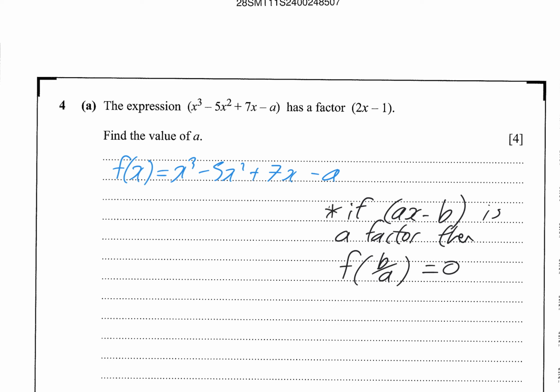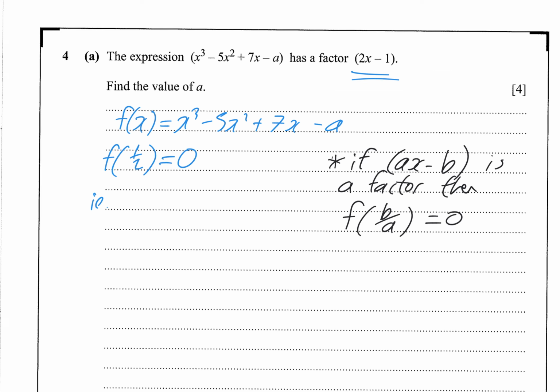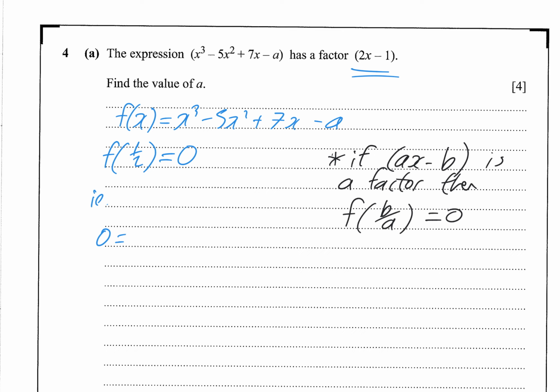So in our question I should say, if that's a factor, that means f of 1 over 2 will be equal to 0. That means 0 is going to be equal to a half cubed minus 5 times a half squared plus 7 times a half minus a.